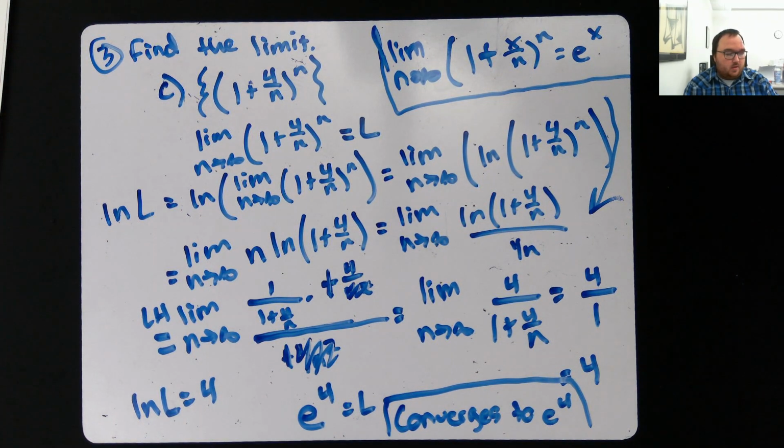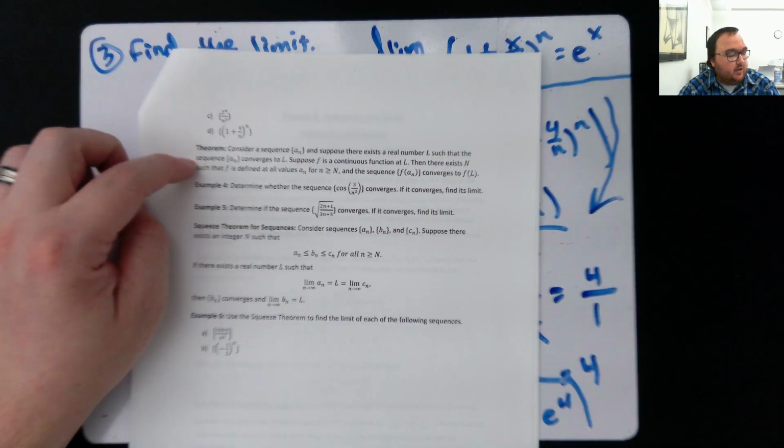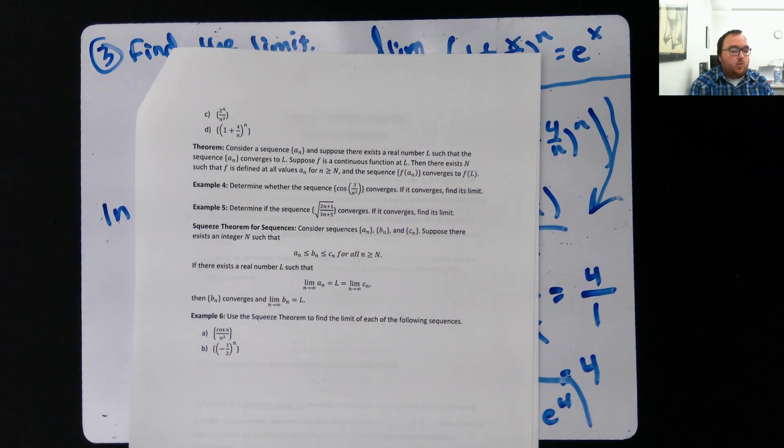All right. This next concept was also something we did in Cal 1. Consider a sequence a_n and suppose there exists a real number L such that the sequence a_n converges to L. Suppose f is a continuous function at L. Then there exists N such that f is defined for all values a_n for n greater than or equal to N, and the sequence f of a_n converges to f of L. That's a lot of words.